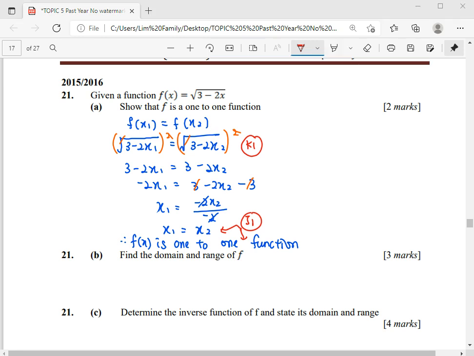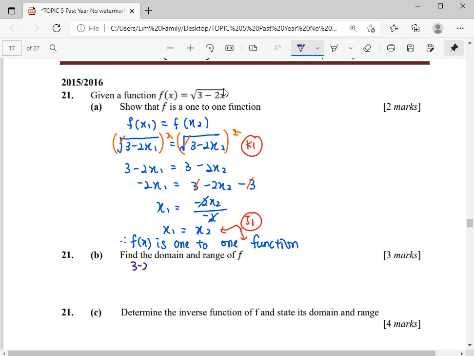Okay, then we go for question B. They ask us to find the domain and range. For the domain, a surd function is a special case, because for domain we remember DSLR. Surd is one part of the special cases for our domain. We need to do some calculation first.